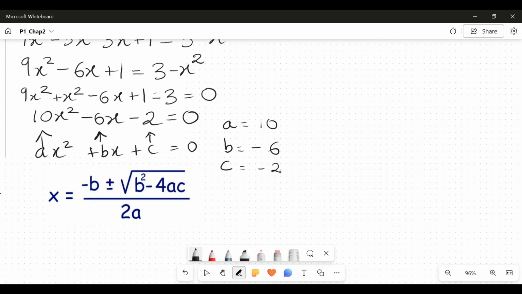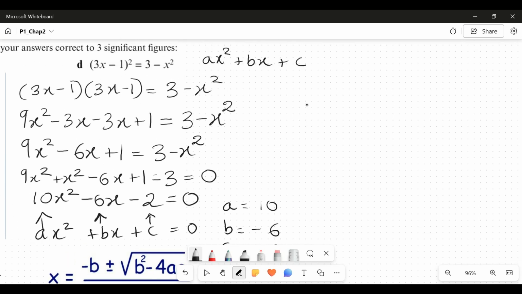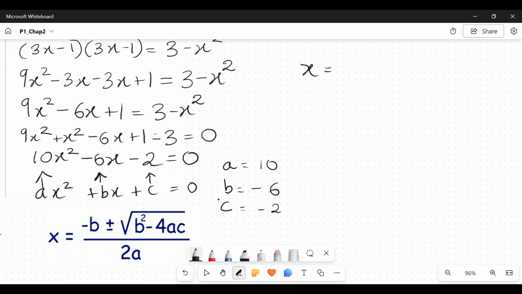We can use that in our formula now. So we can write it as x equals minus b. So minus b, which is minus of minus 6, because the formula has a minus and the value is a minus 6. So that's why we have a double negative.